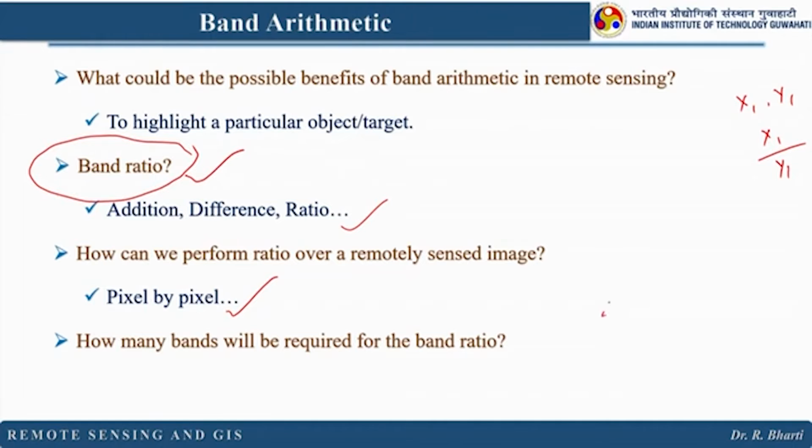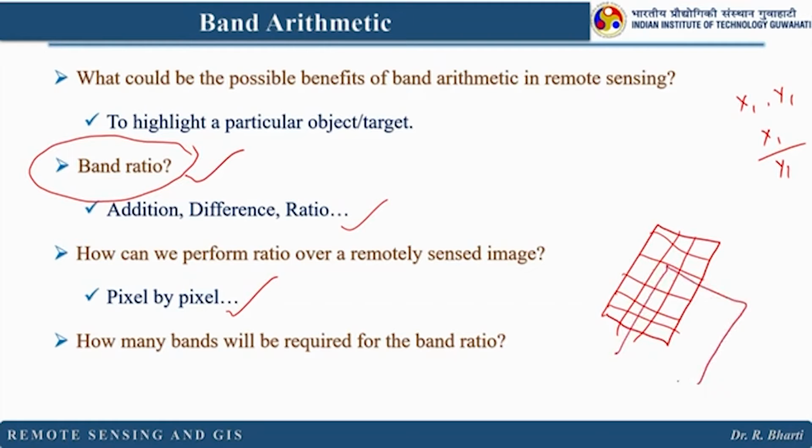Next is, how many bands will be required for the band ratio? You cannot do a ratio or band arithmetic operation if you have only one band. You need another band, and then only will you have x1 and y1. These are a few fundamental questions which have to be explained. The answer is that a minimum of 2 bands is required. Except for panchromatic data, we always have more than 2 bands.